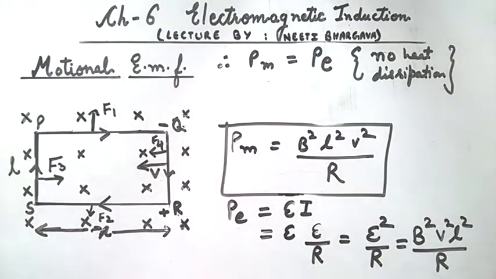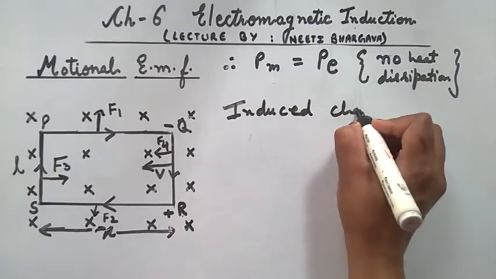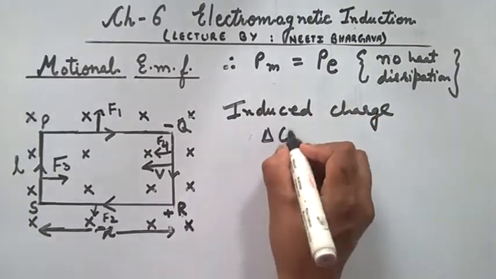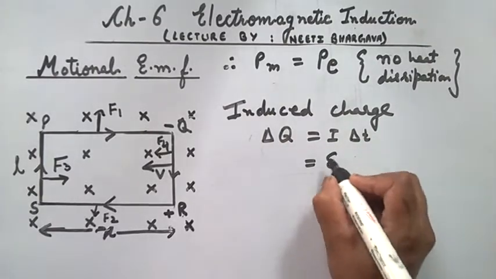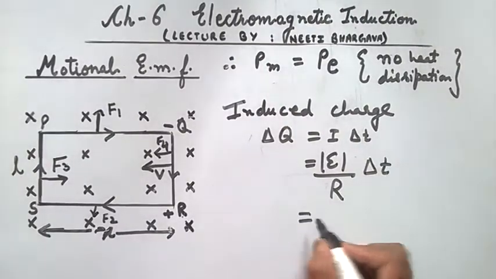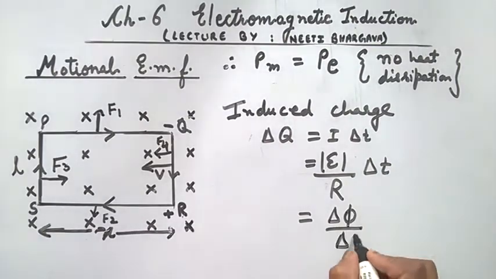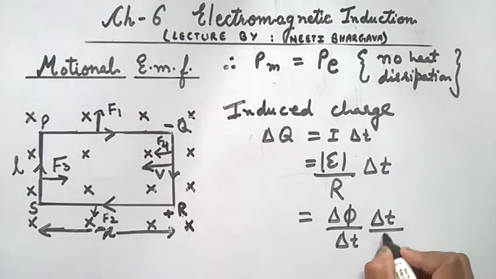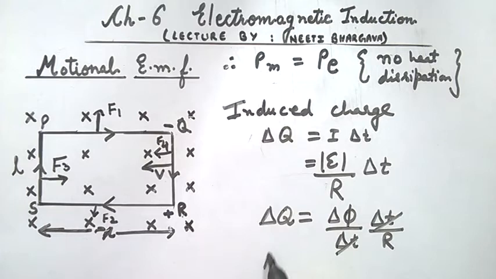Also, we can calculate the value of induced charge. As we know, induced charge is equal to I into delta T, and I is equal to induced EMF upon resistance, and by Faraday's law induced EMF is equal to del phi by del T. So into del T by R, we get the value of induced charge equal to del phi by R, which is independent of time.